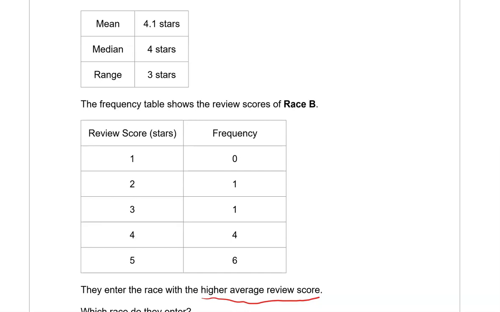So we've got score being 1, frequency 0, that means 1 times 0 gives us 0, 2 times 1 gives us 2, 3 times 1 gives us 3, 4 times 4 gives us 16, 5 times 6 gives us 30, adding them all together, 2 and 3, 5, and 6, 11, 16, 27, 57... total 51. Total frequency is 6 and 4, 10, 11, 12, so 51 divided by 12 should give us the mean.